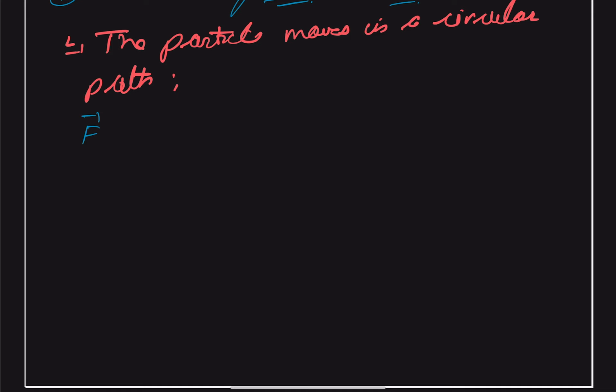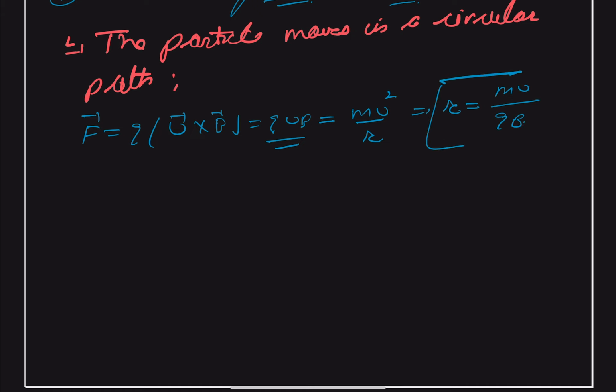Our force will be equal to qv cross B. Because of the 90 degrees, we can write this as qvB, and this provides the required centripetal force. So we can say this is equal to mv squared upon r. From here the radius will be equal to mv upon qB. So this is the radius.